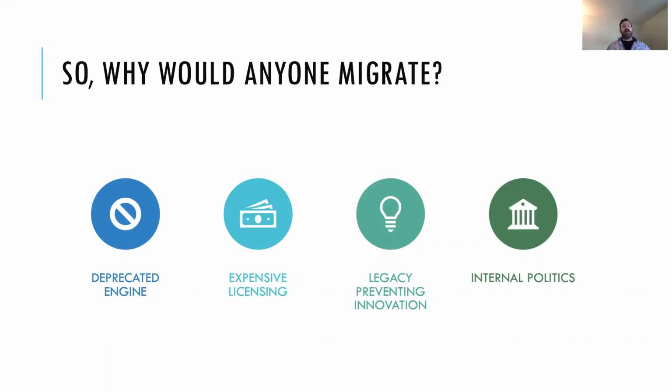You need to do more to make your customers happy and take your product in new directions to do bigger and better things, but you can't because you're stuck with this old engine that just isn't doing it for you. It could even be an old version of the same engine. You could be on like Elasticsearch 1.2 or something, and the difference between that and Elasticsearch 7 is pretty different. So now you got to go through this thing.